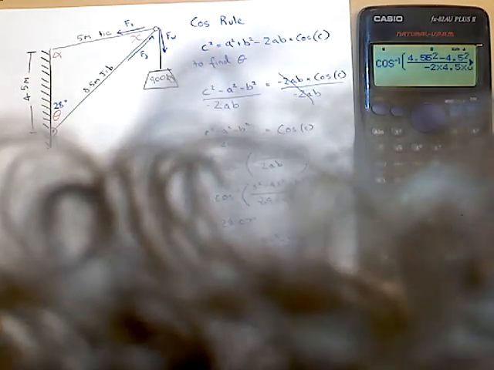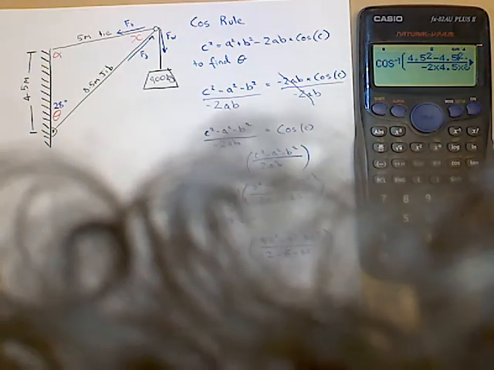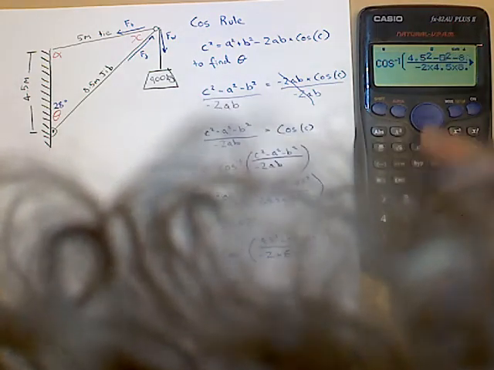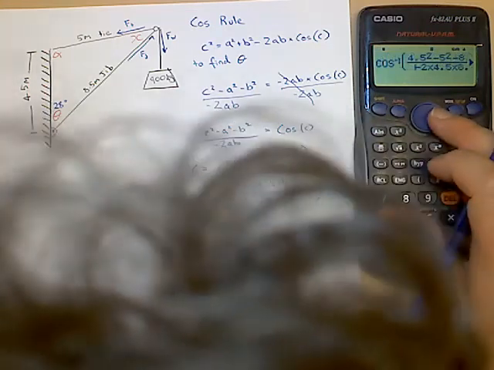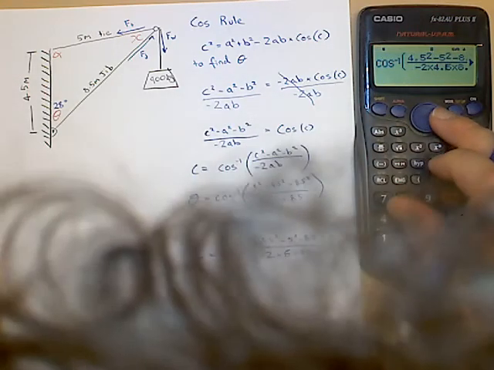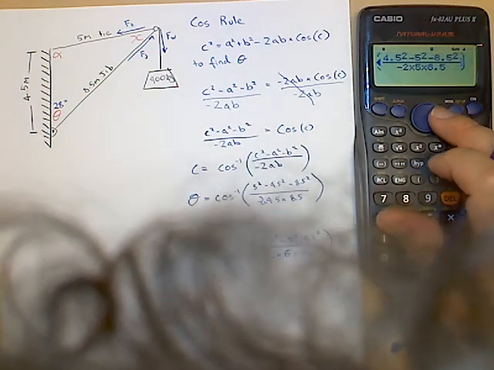So we want 4.5 squared minus 5 squared minus 8.5 squared, that's good, over negative 2 times by 5 times by 8.5 equals.